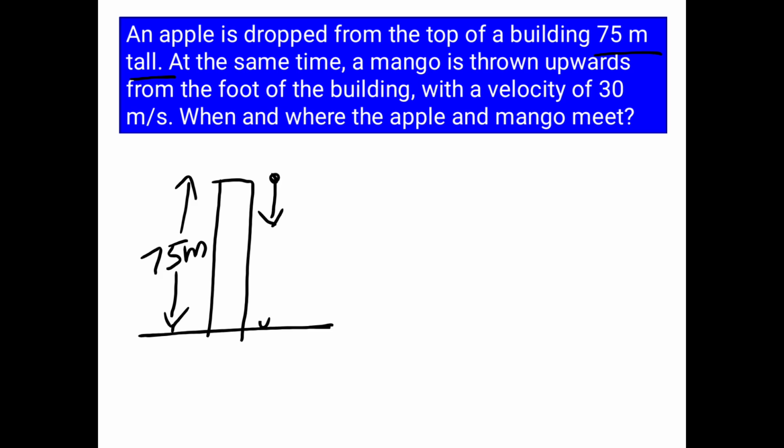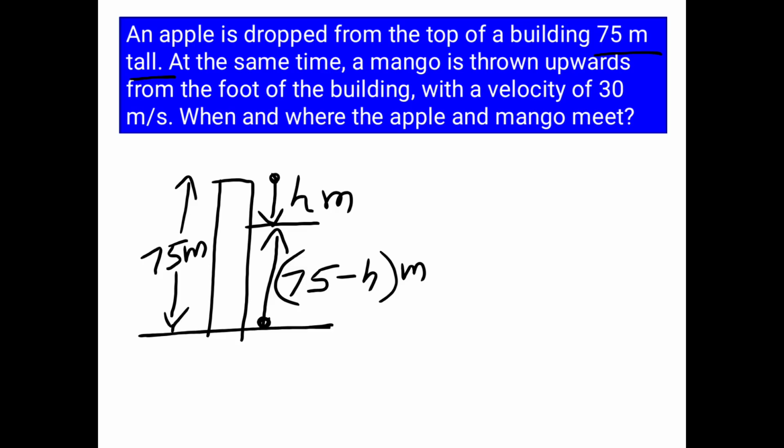At the same time, a mango is thrown upwards, and they will meet at a point. Just imagine this is a meeting point. When they meet, the apple has traveled a distance h meter, I will assume. And that is why the height reached by the mango will be 75 minus h, because the total height of the building is 75 meters.